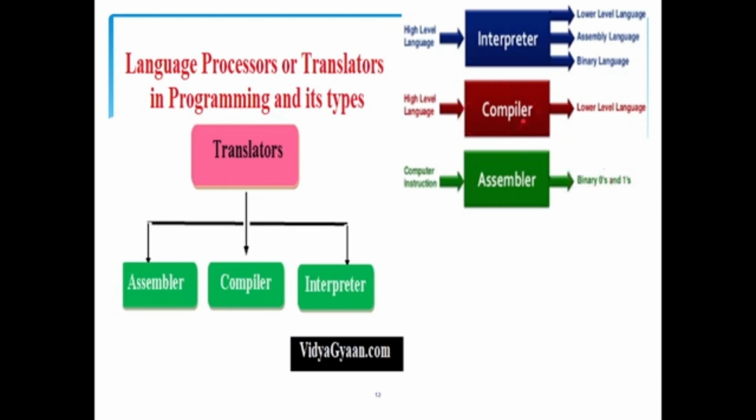And the compiler converts the human language, the high level language, to a lower level language which the machine can understand. And the interpreter, which has some great performance, converts the high level language into a lower level language, assembly language, and binary language.